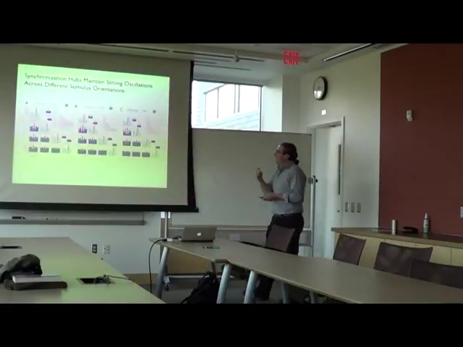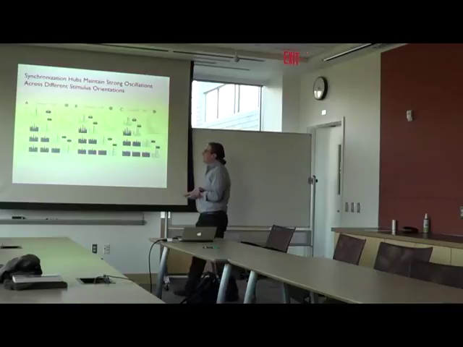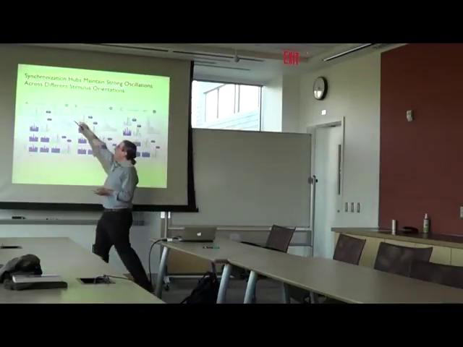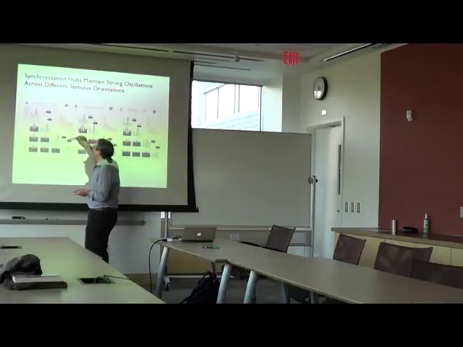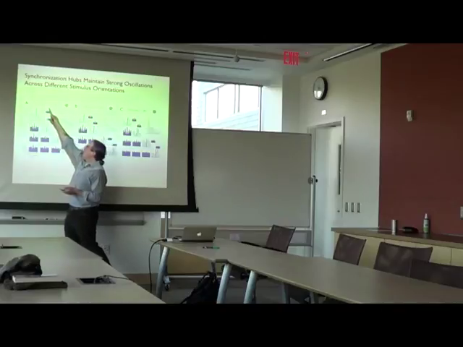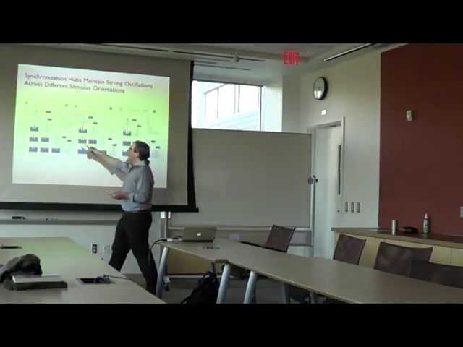Okay, so another feature is this idea that synchronization hubs maintain strong oscillations across different stimulus orientations. So here, these are, again, the cross-correlograms between these different units. Here are the autocorrelograms. So these are where you can see the oscillation strength of the synchronization hub.